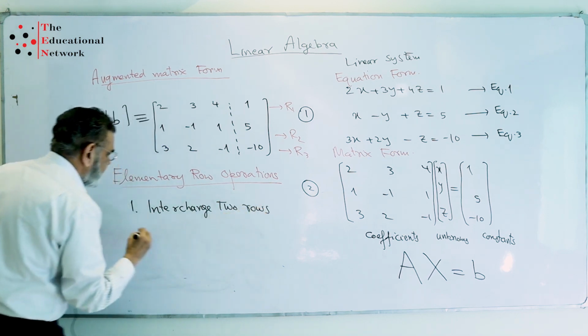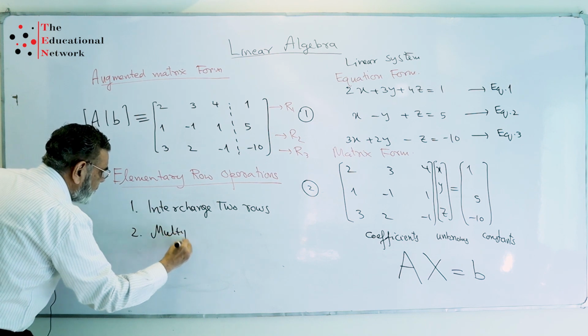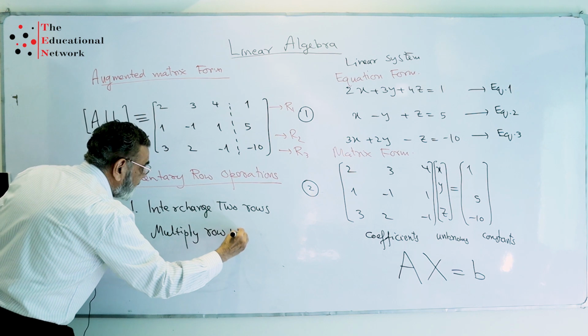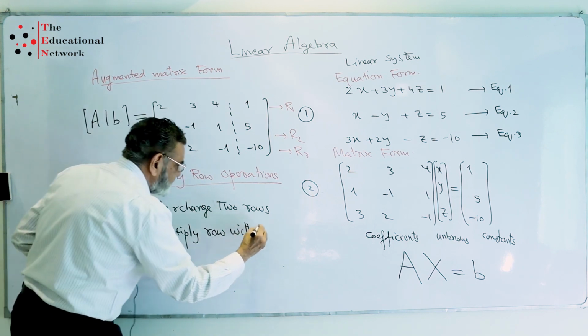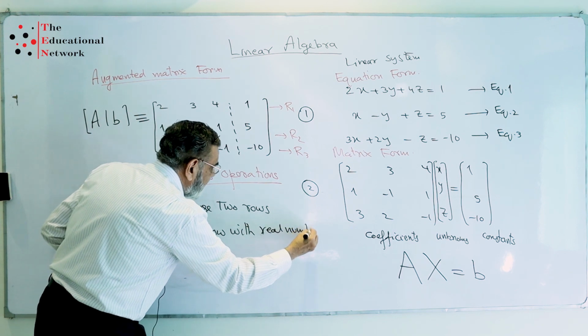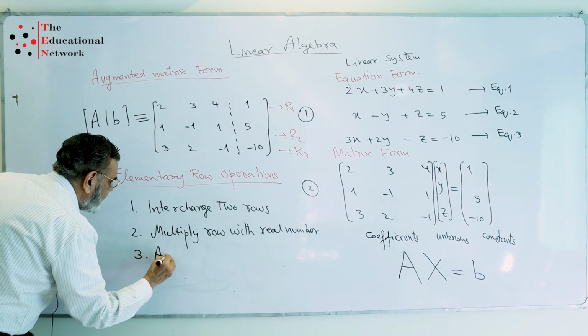Number 2, I can multiply a row by a non-zero real number. When I say multiply, we can divide at the same time. Number 3, we can add a multiple of a row to another.